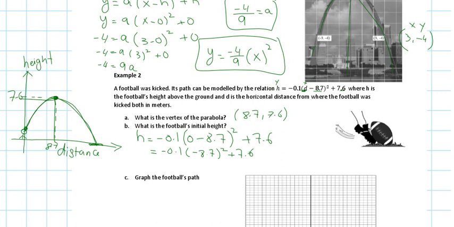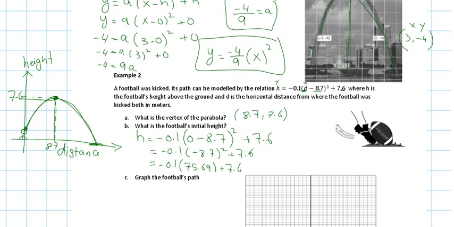BEDMAS says I have to do the brackets first, so I did inside the bracket. Then I have to do my, what is it called? The exponent. So I did my exponent.